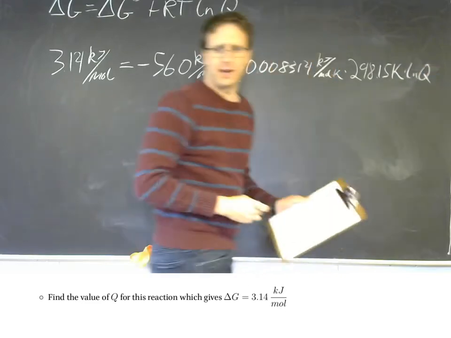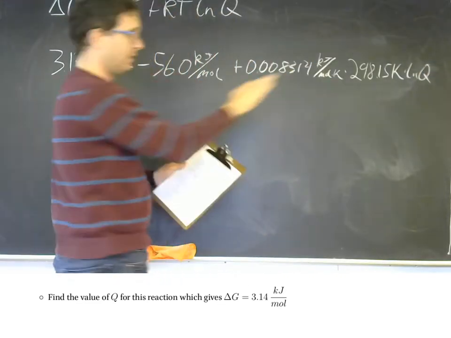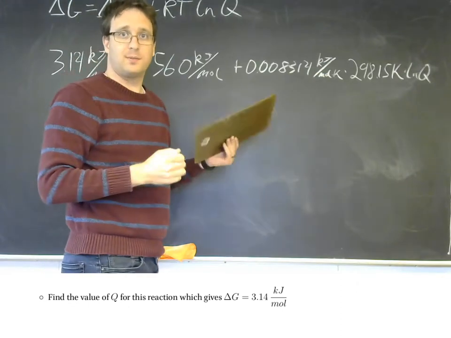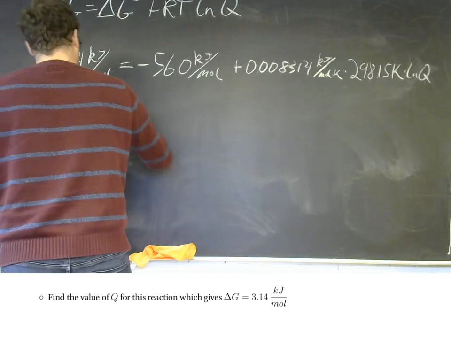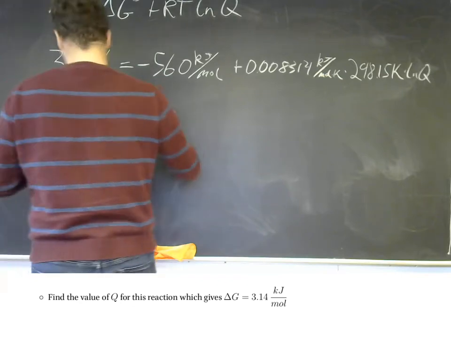I almost ran off the screen there. You can solve this perhaps most easily in 2 steps. So we'll have the natural log of Q is equal to 23.86.